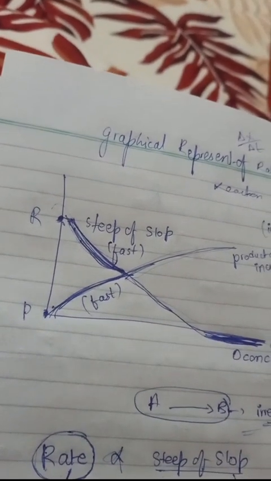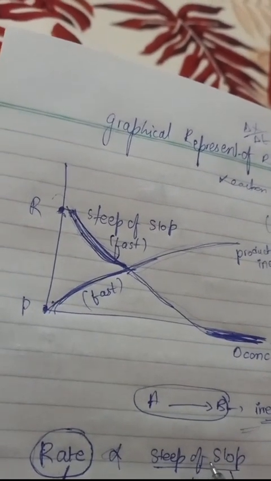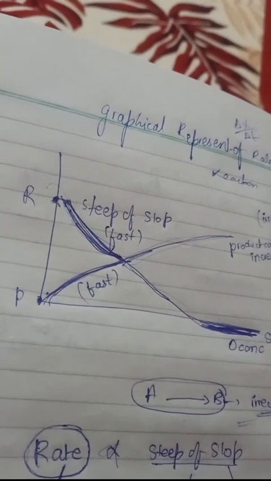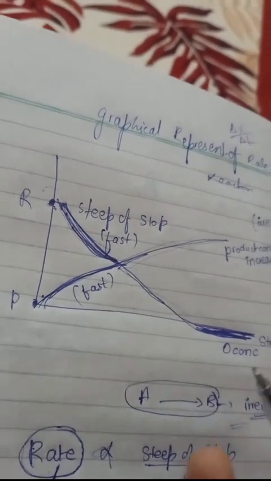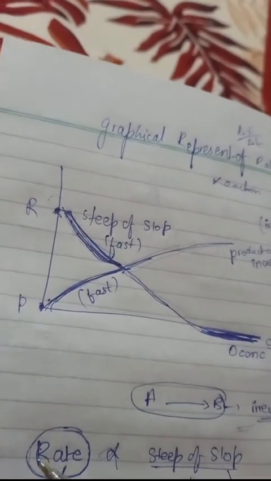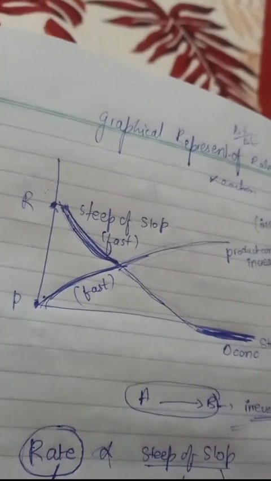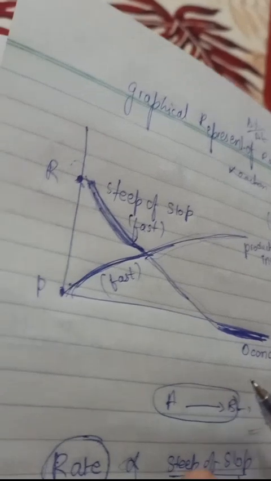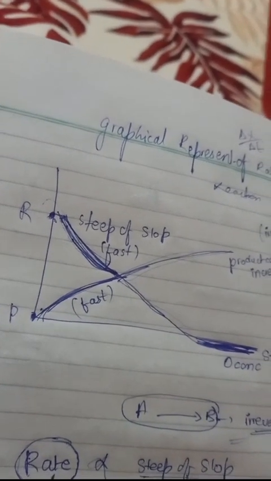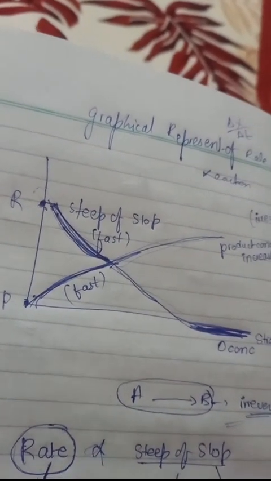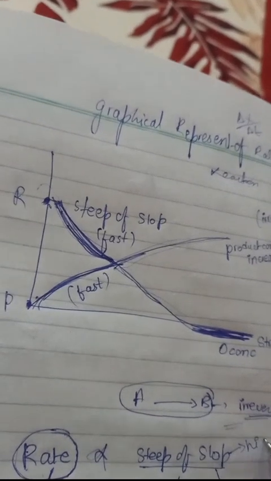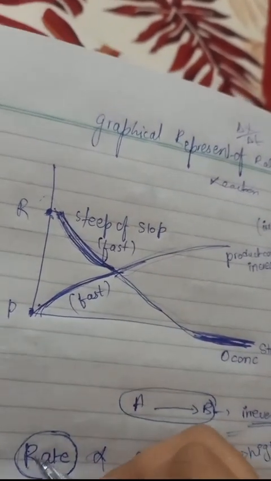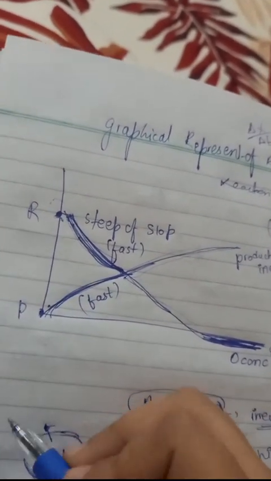A steeper slope means more concentration change, which means more reaction. If there is a higher rate, more concentration change occurs, so the rate of reaction will be higher.